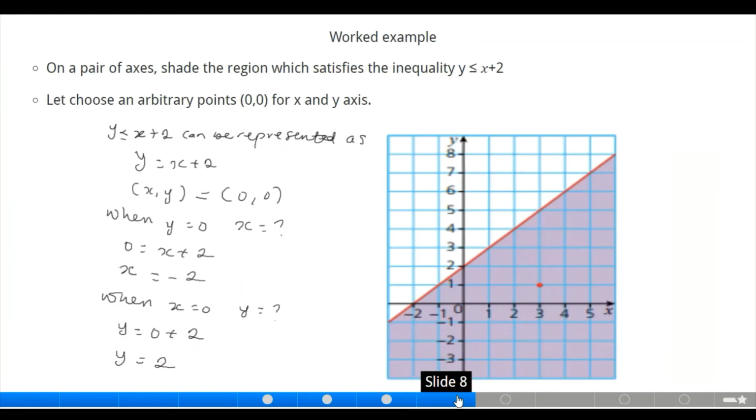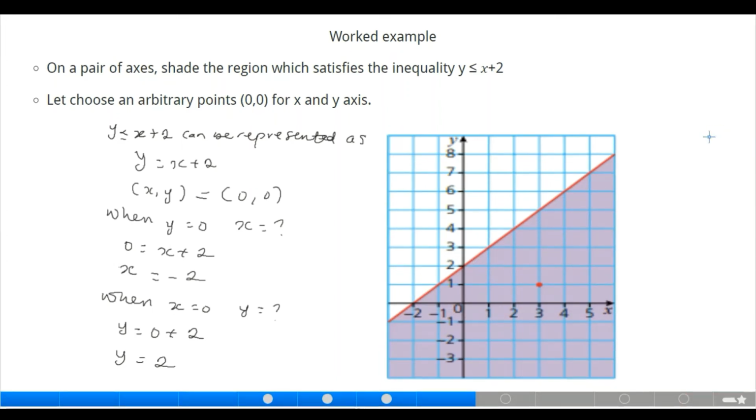So now let's look at when we have more than one inequality. Look at this example that we have here. On a pair of axes, shade the region which satisfy this inequality y less than or equals to x plus 2. So if you look at what we have there, we have both x axis and y axis.